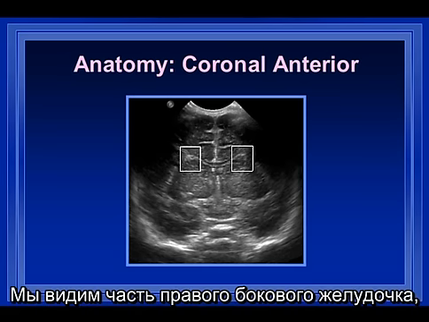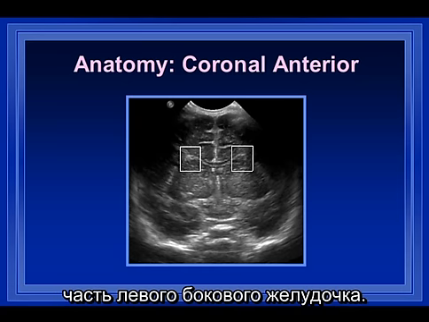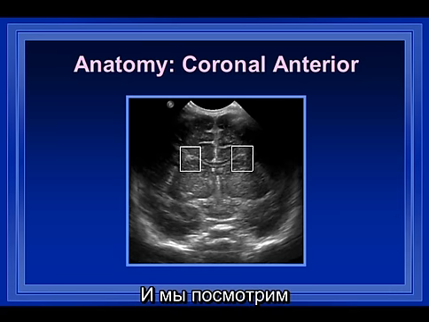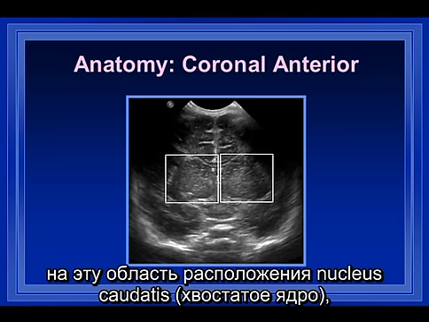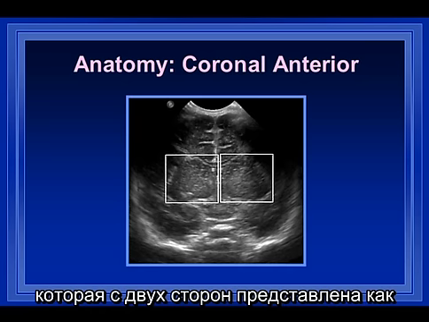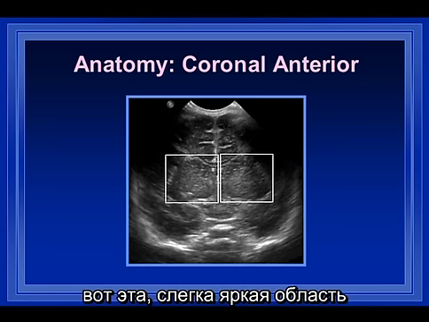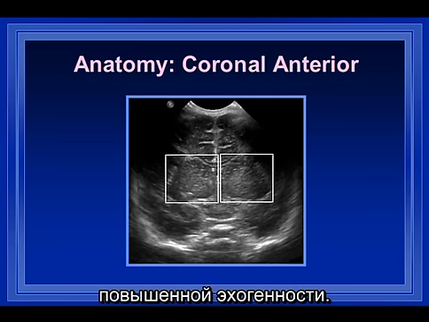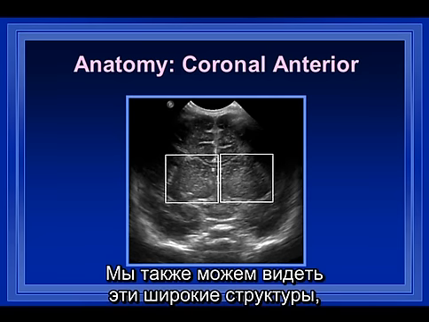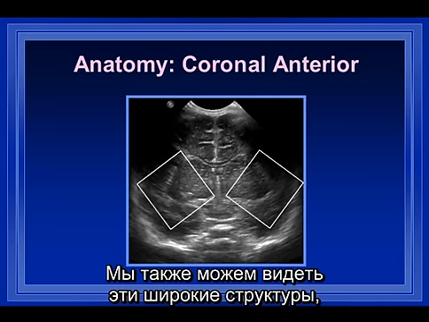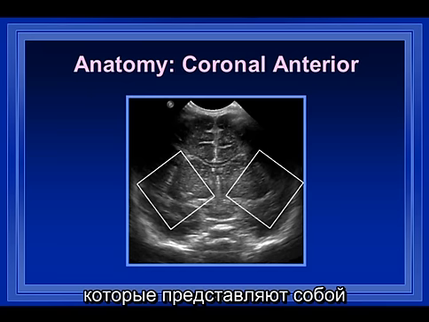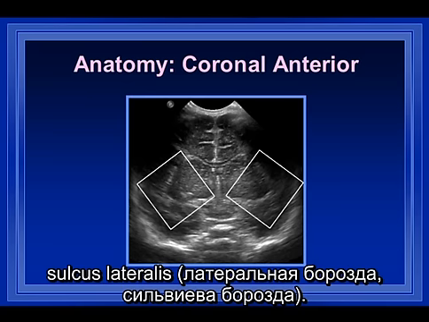We have a portion of the right lateral ventricle, a portion of the left lateral ventricle, and we're beginning to get into the areas of the caudate nuclei bilaterally, represented by these slightly brighter areas of increased echogenicity. We're also beginning to see these Y-shaped structures that represent the Sylvian fissures.